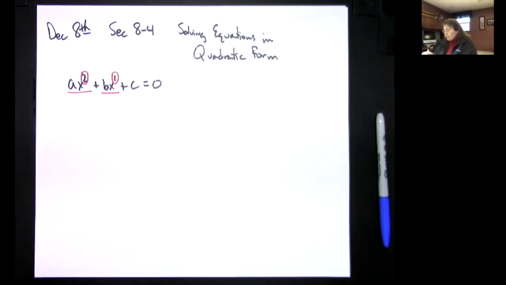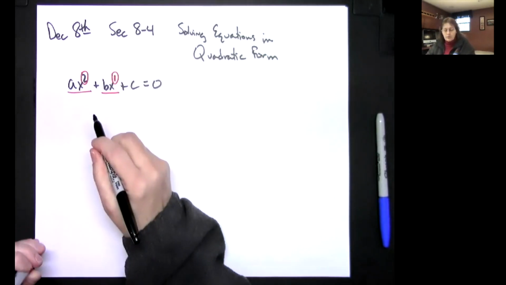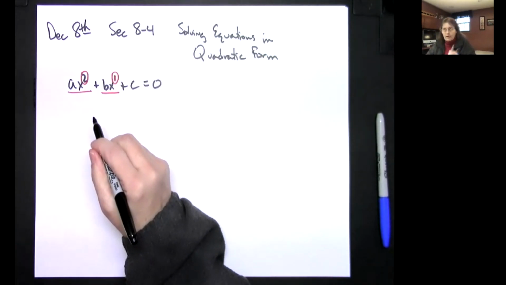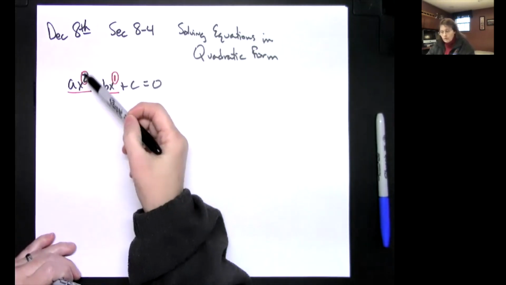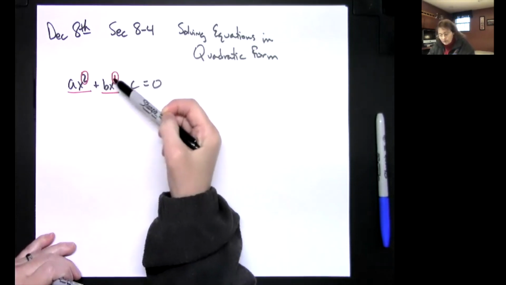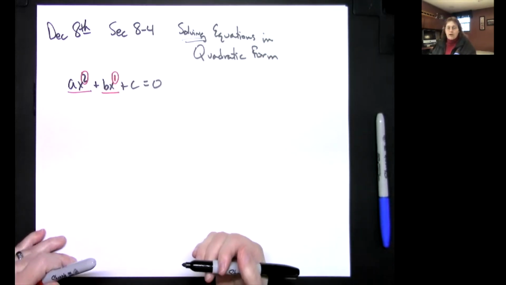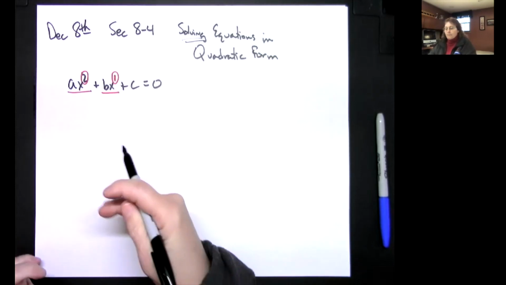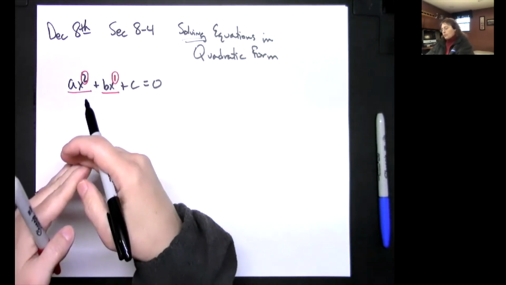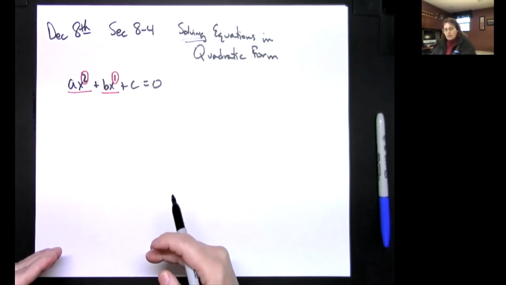Now, we even did some of these when we just plain factored. If you remember, we did u substitution when we factored, with this to the 4th power and this to the 2nd power. Well, if we're now solving, we're just adding one more step: the product rule principle, where we set the products equal to 0 and solve.